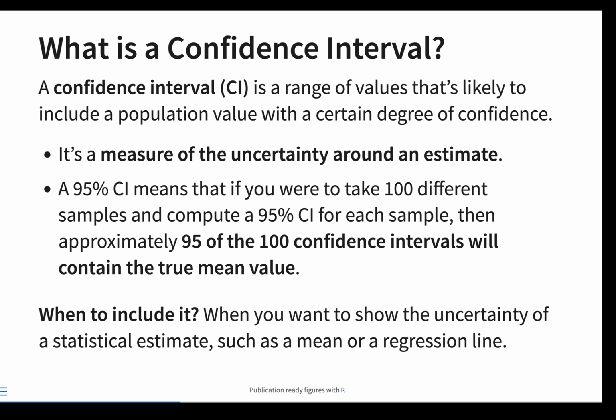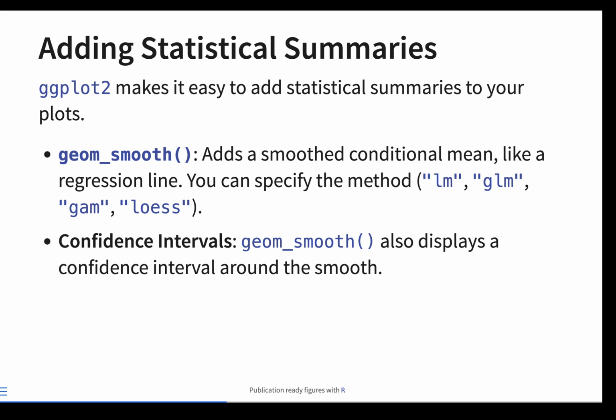The reason you should include it is when you want to show the uncertainty of a statistical estimate such as a mean or regression line. To add these statistical summaries in ggplot2, you could use different functions, for example geom_smooth.